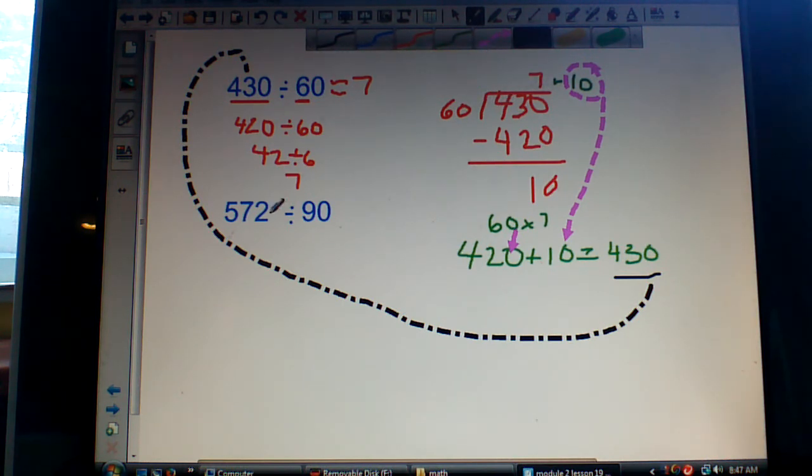So we're going to do the next one. 572 divided by 90. So let's do that. 572 divided by 90. Okay, we're keeping the divisor. Remember that part. This time we're keeping the divisor. We're not changing the divisor. So what number is close to 572 that's easily divisible by 90?